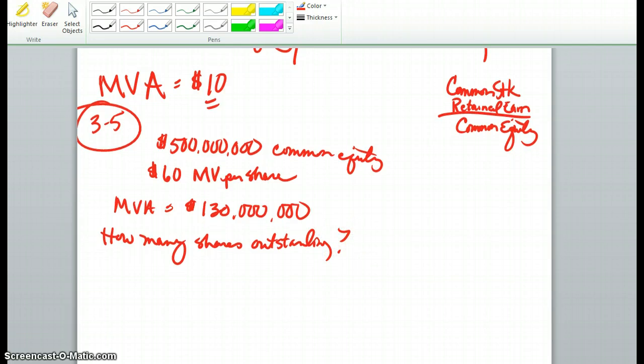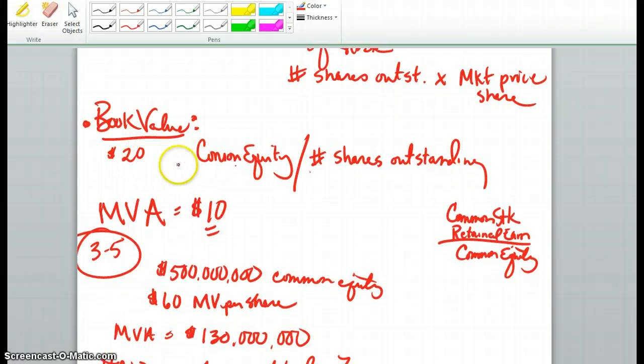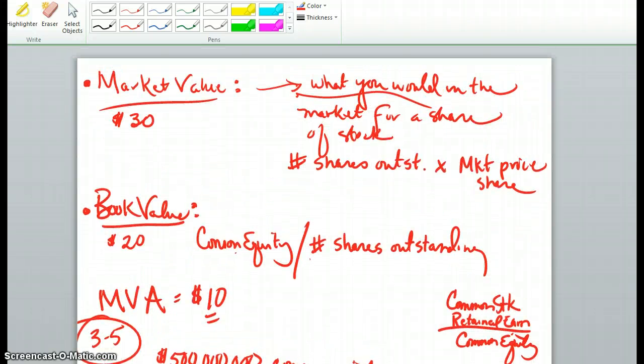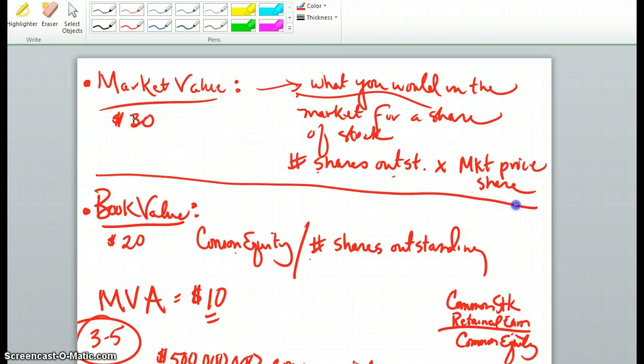So they're asking us, instead of, when we want to figure out the market value of a company, we take the number of shares outstanding times the market price. So the formula for the market value of the shares equals the number of shares times the market price.